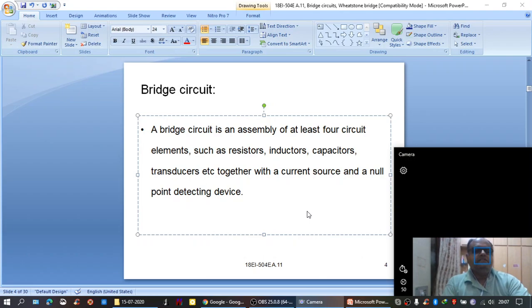That is a bridge circuit. So a bridge circuit consists of four arms, and in those four arms, either resistors, inductors, capacitors, transducers, or combinations of these circuit elements can be used.